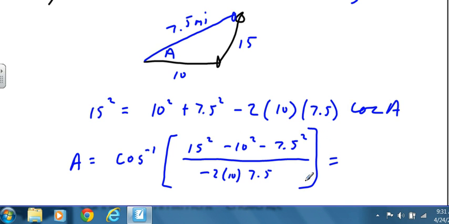And now it's just a matter of, can I put it in my calculator? Now, if I didn't recognize I was going to use the law of cosines, I could have been looking at that problem for a very long time. Extremely long.